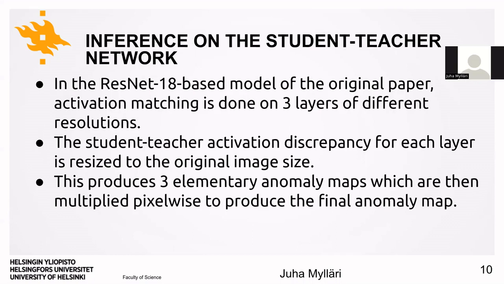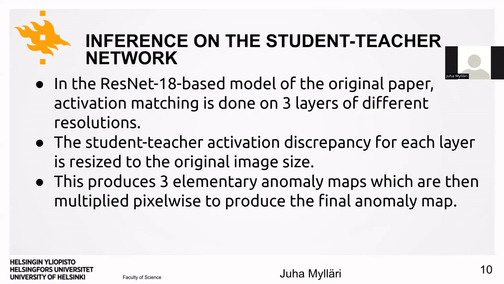Now, as a slight digression, in the original paper, the authors used a ResNet-18-based STFPM, which is also what we use, and it happened that in that model there were 3 designated layers, but in a different model there might be more, but 3 in this case. So in each of those 3 designated layers, we're going to take that array of discrepancies that we saw, and as observed, we're going to eliminate the depth dimension by taking the L2 norm.